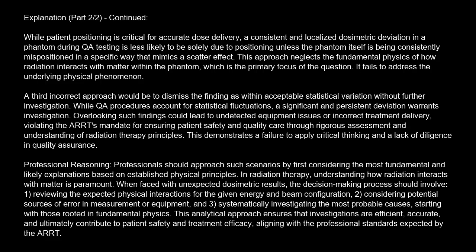Considering potential sources of error in measurement or equipment. And 3. Systematically investigating the most probable causes, starting with those rooted in fundamental physics. This analytical approach ensures that investigations are efficient, accurate, and ultimately contribute to patient safety and treatment efficacy, aligning with the professional standards expected by the AD.